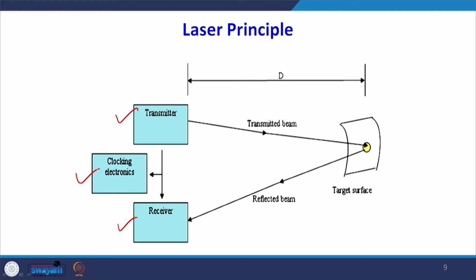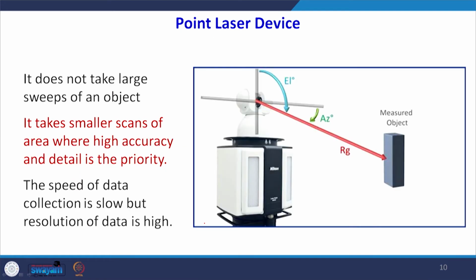Then the beam is transmitted: the laser beam strikes the target surface and returns, and the receiver receives it. This distance d can be calculated by the same basic equation, distance equals velocity times time. So all our laser-based devices, LiDAR systems, are based on a similar principle.